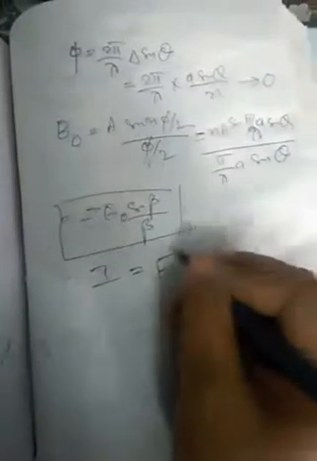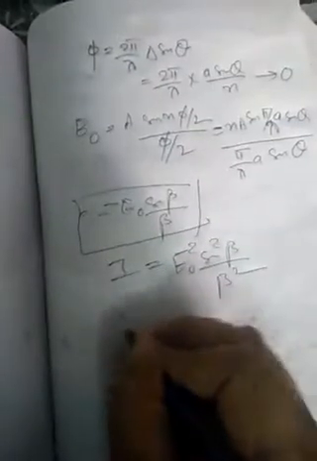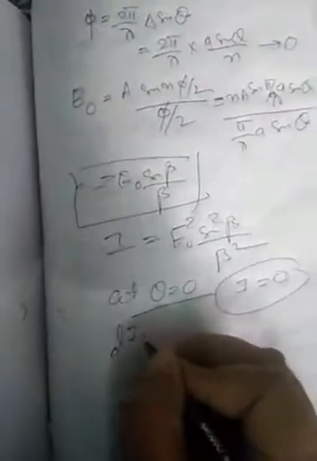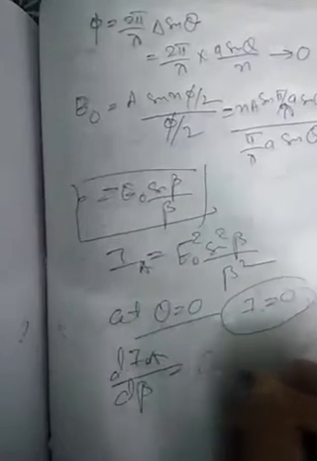And if you have to obtain the intensity, it will be equal to E naught square sine square beta upon beta square. Now to observe the maximum intensity, we are going to find dI by d beta, which should be equal to 0.